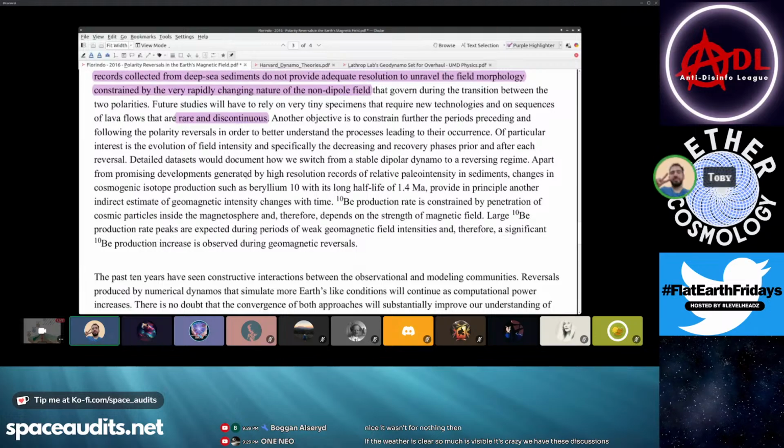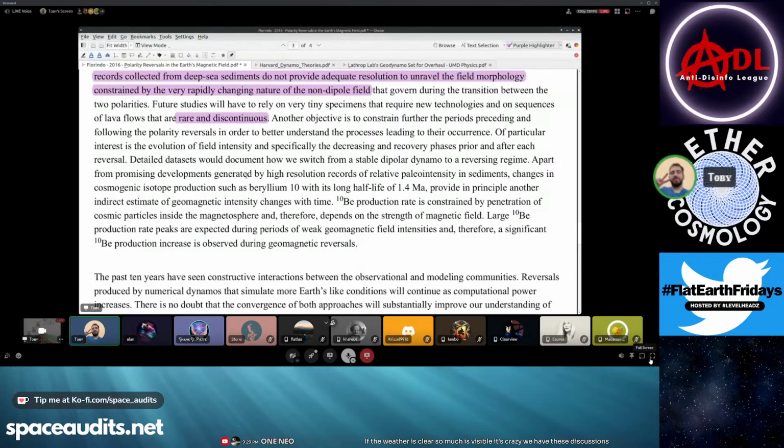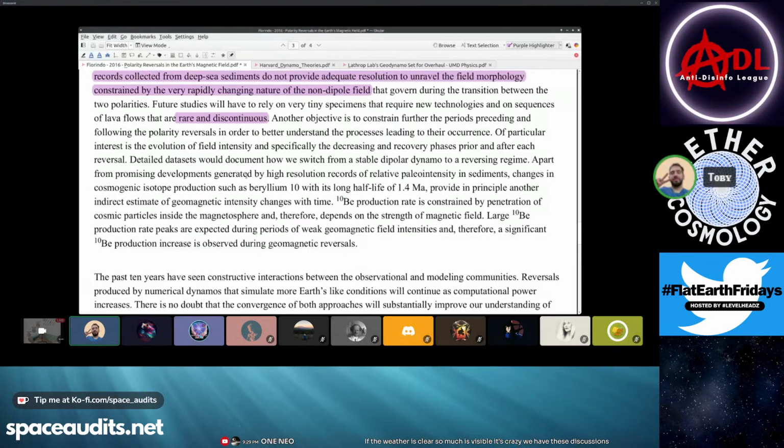Apart from promising developments generated by high resolution records of relative paleo intensity in sediments, changes in cosmogenic isotope production, such as beryllium 10, with its long half life of 1.4 MA, what is that, million years? Anyone know? Okay. Provide in principle another indirect estimate of geomagnetic intensity changes with time.